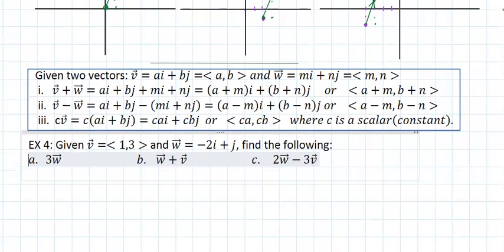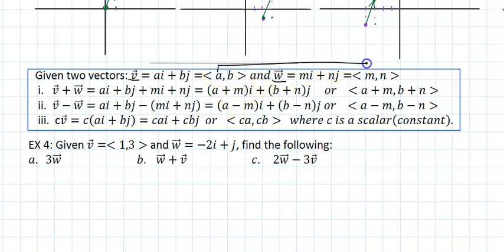Now, the last part I want to conclude before I stop this video. We'll pick this up in our next video or next lecture. If you're given vector v and vector w, if you want to add the components, it turns out you could add the i to the i and the j to the j. You could use component form or ai plus bj.